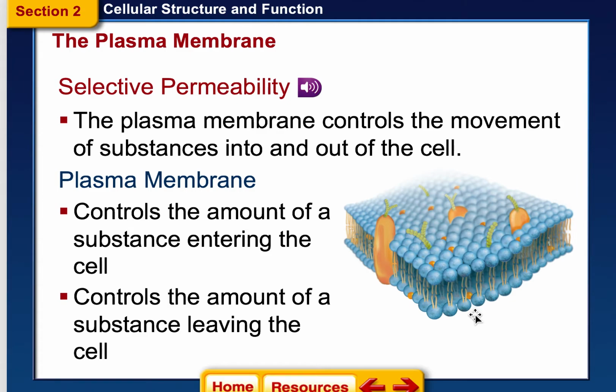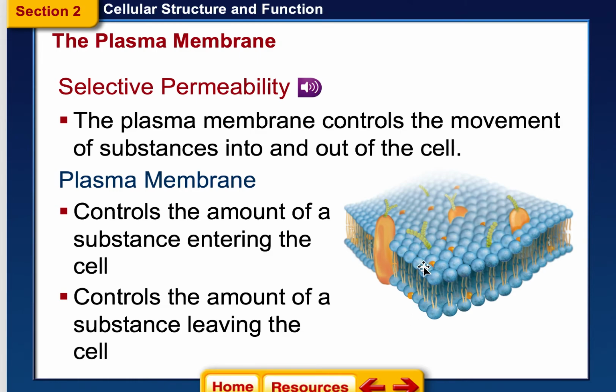Everything else is going to have to come by means of one of these proteins, which is commonly called a channel. I will test you on that, guys. The three things that are small enough to slip through this cell membrane are oxygen, CO2, and water.